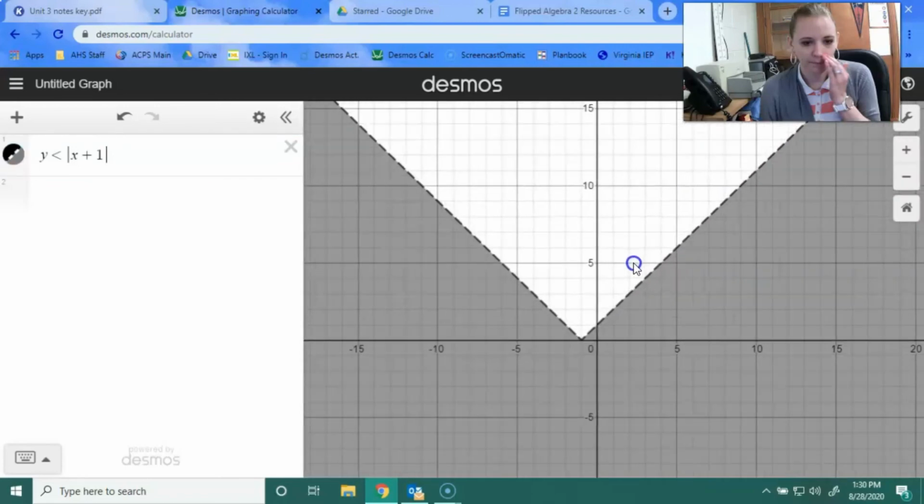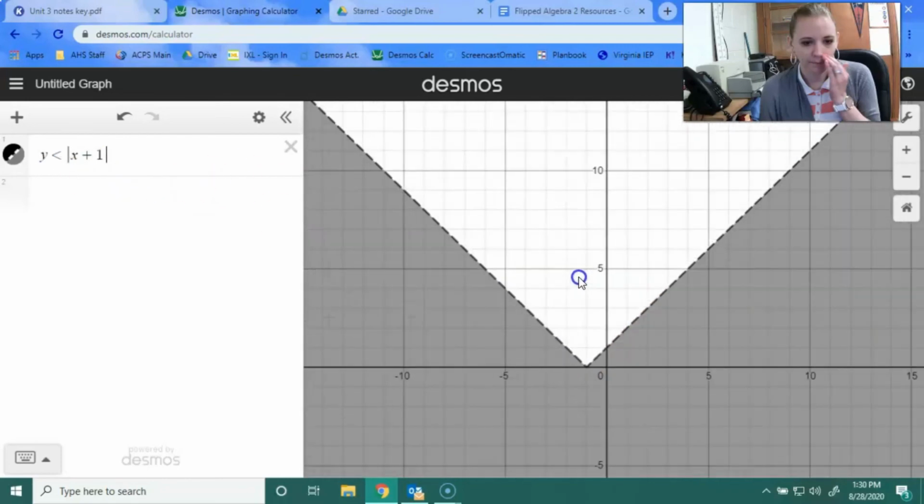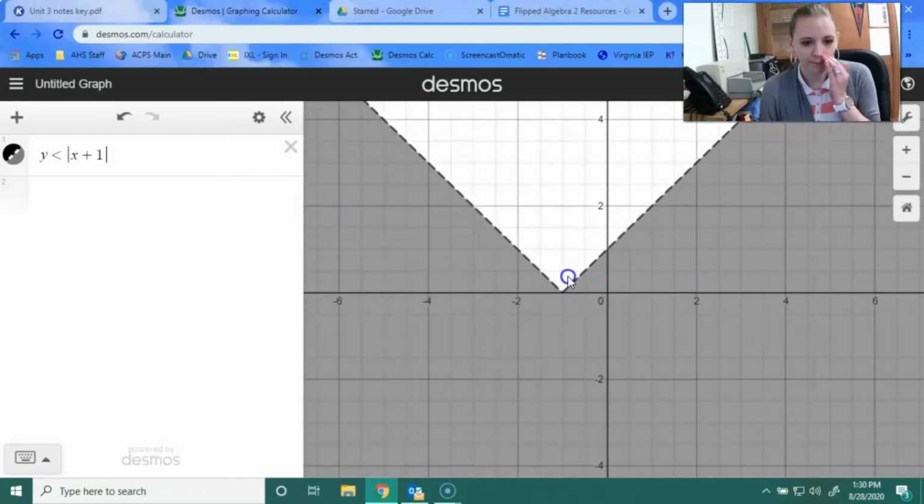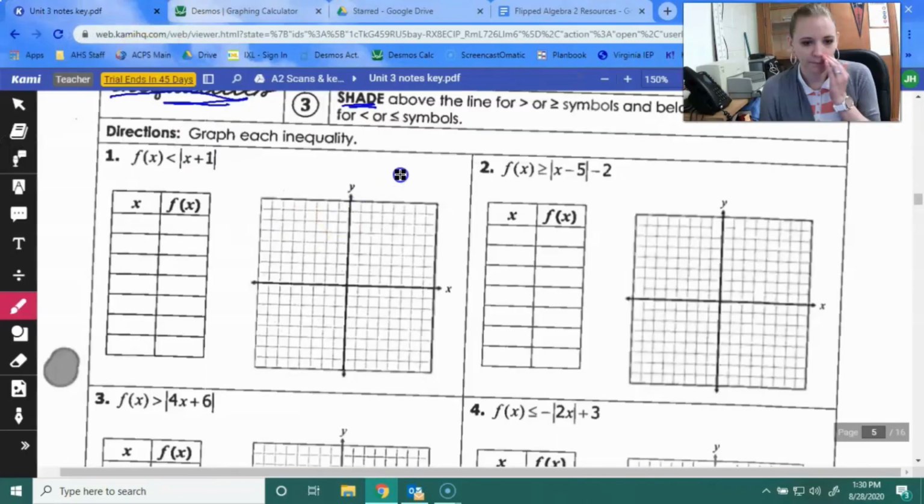However, it is shaded. Okay. So my vertex, the most important place to start out, is at -1, 0. Other points that it had were 0, 1, 1, 2, and so on. -2, 1, -3, 2, and then go ahead and plot this.